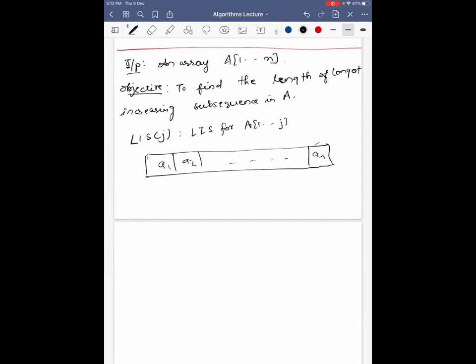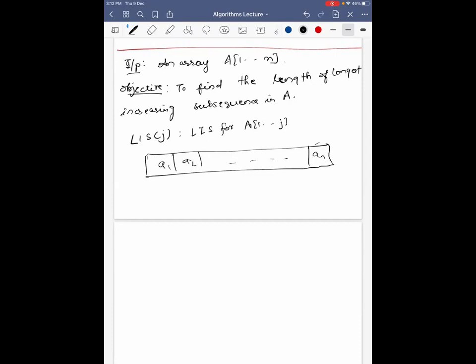That would work. But leaving that aside, is it possible to directly use dynamic programming on this array?